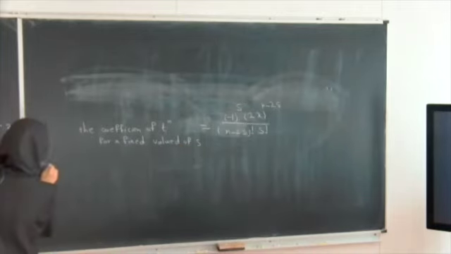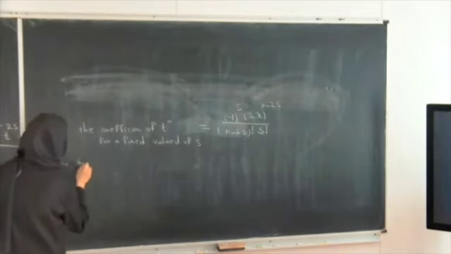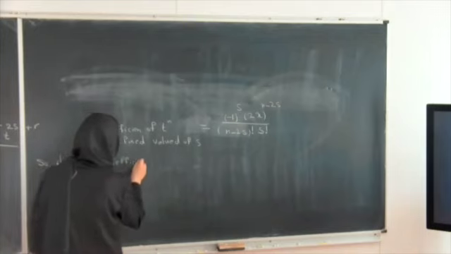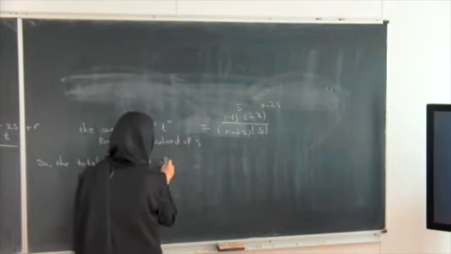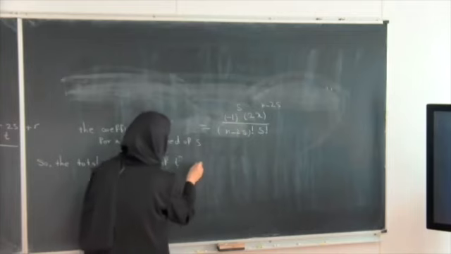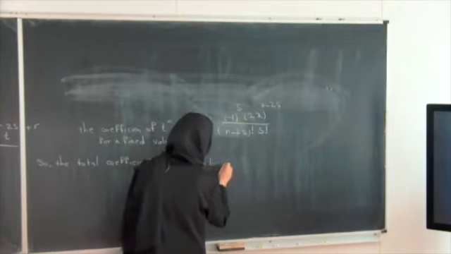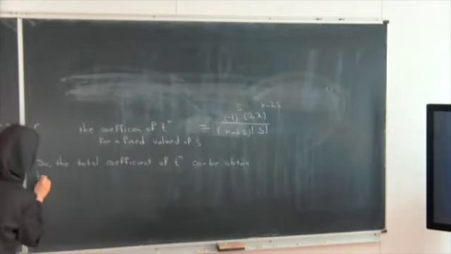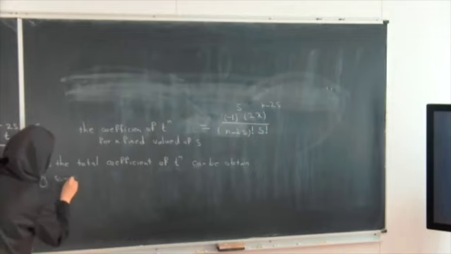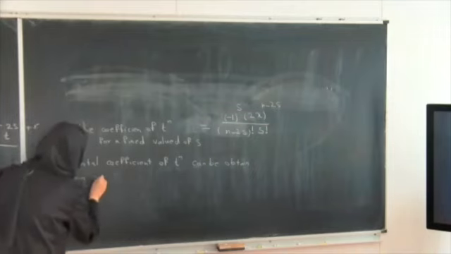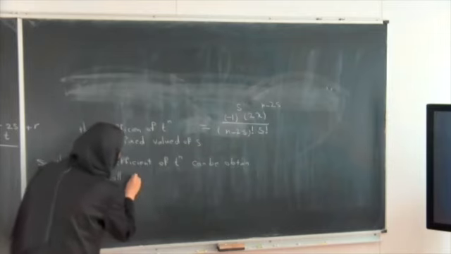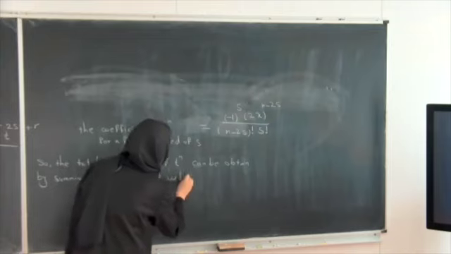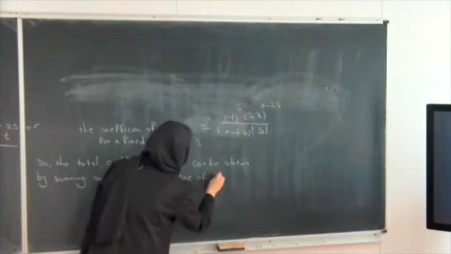So the total coefficient of Tn can be obtained by summing over all allowed values of s.